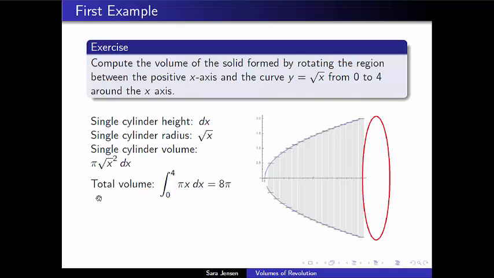So altogether, the total volume of revolution is obtained by adding from 0 to 4 the volumes of each of the individual cylinders. It gives us a very nice, easy integral to compute, and when we use the fundamental theorem of calculus here, the answer we obtain for the volume of revolution for this shape is given by 8 pi.